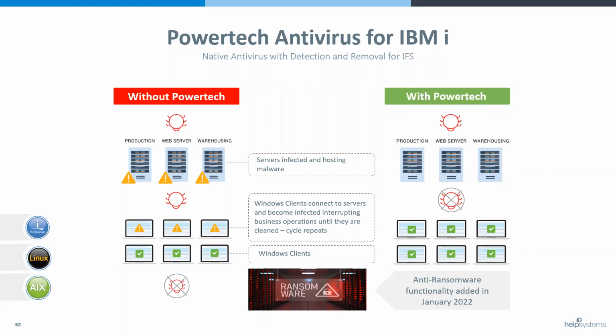Since last month, to avoid this problem, our Powertech Antivirus not only includes IFS virus protection, but also real-time shields that monitor ransomware actions being performed on the network server. This new version of our antivirus immediately detects and stops any attempt to encrypt files from a process running outside the system, probably from a PC connected to the same network as the IBM i.